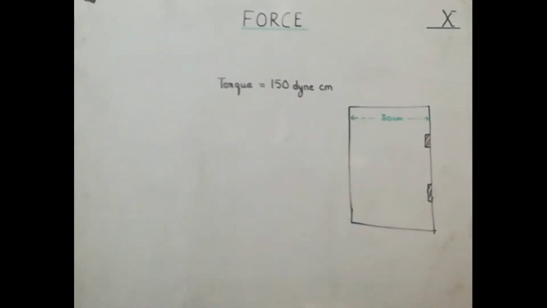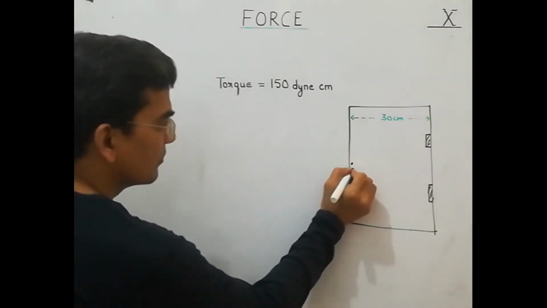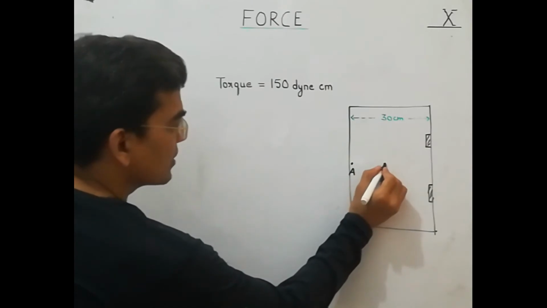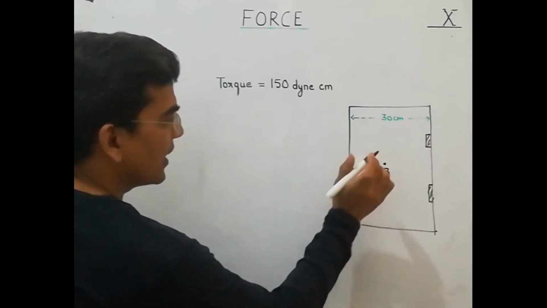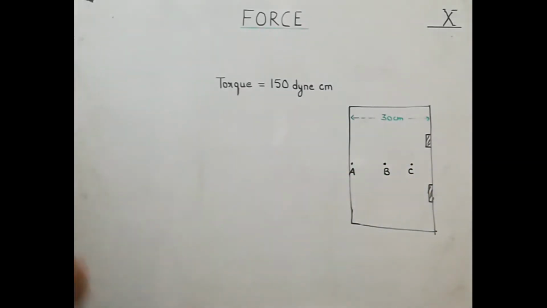Now there are 3 persons who want to open this door by applying the force. Okay. The first person, A, applies the force at this point. Second person, B, applies the force at this point, and C applies the force at this point. Right?